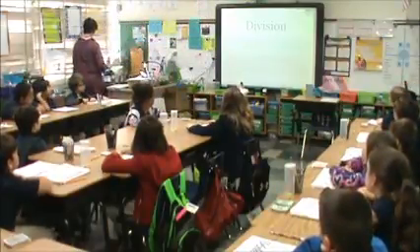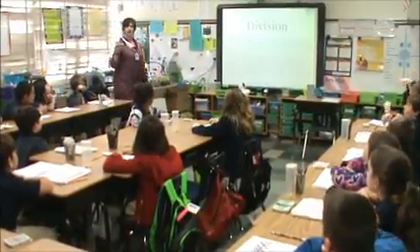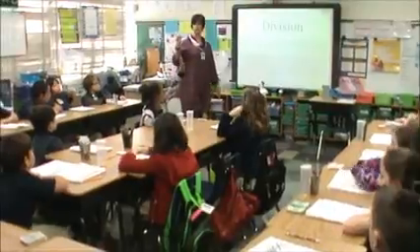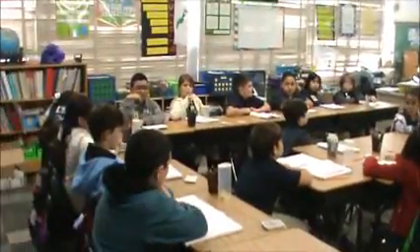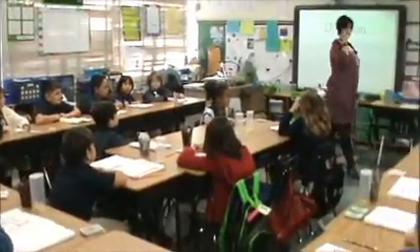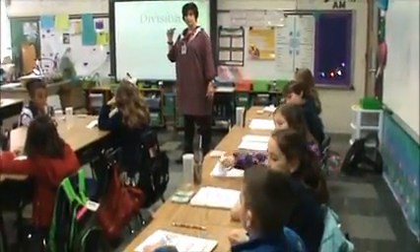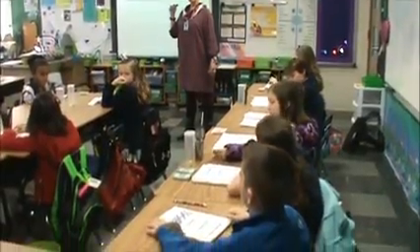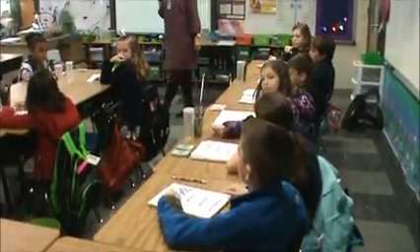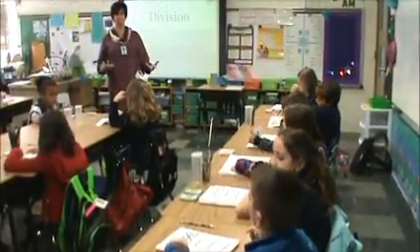Can somebody tell me the 4 parts of a division problem? Abram? Dividend, divisor, quotient, and remainder. Fantastic. Hunter, can you tell me what a dividend is? Talk loud, baby. I need to hear you. What is the meaning of the word dividend?